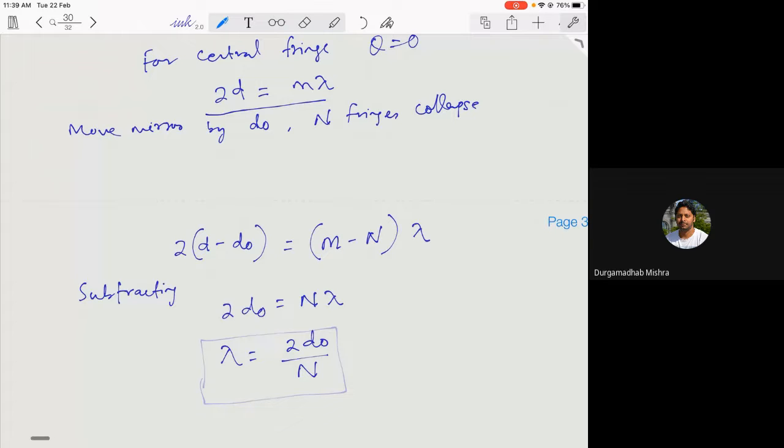You don't really need to know the exact distance of the mirror from the beam splitter, but what you want to know is the separation between the mirrors. So if you change the separation by d0 and you observe that n fringes are collapsing, you can calculate lambda. This is a way you can calculate the wavelength of the wave that causes the interference.